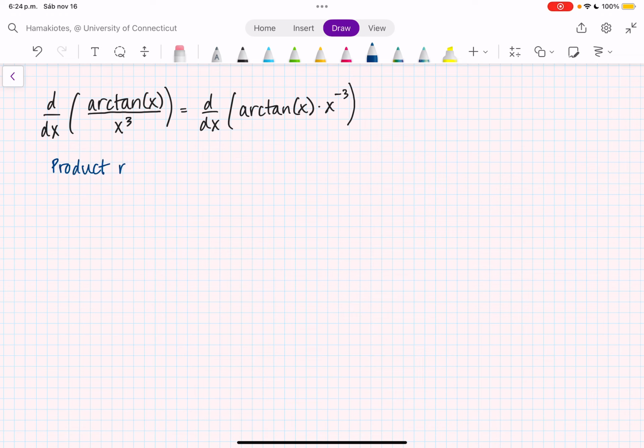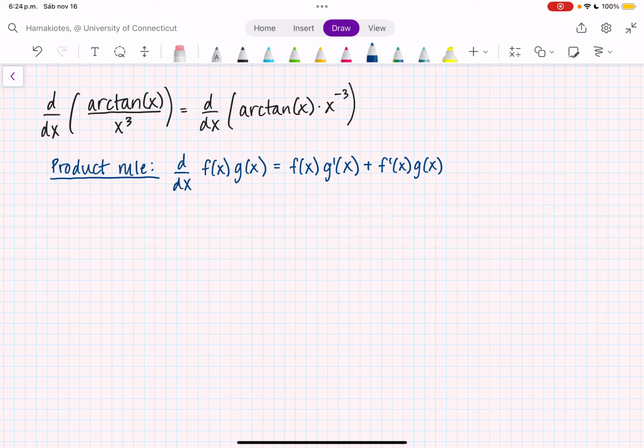What does the product rule tell us? The product rule tells us that if I'm going to take the derivative of a product of two functions, let's say f of x times g of x, the derivative of that is f of x times g prime of x plus f prime of x times g of x. So in our case, we can have arctan be f of x and x to the minus 3 be g of x.